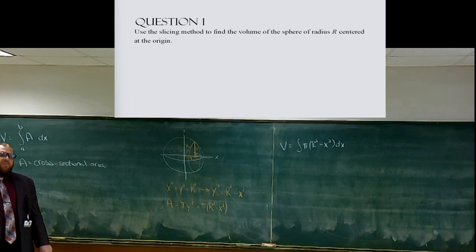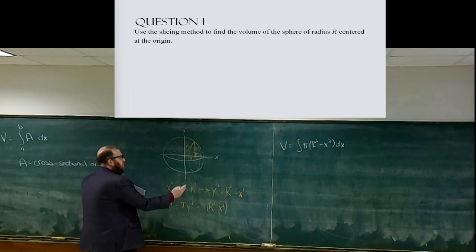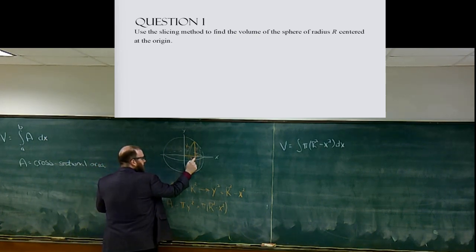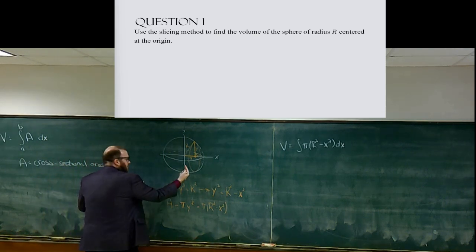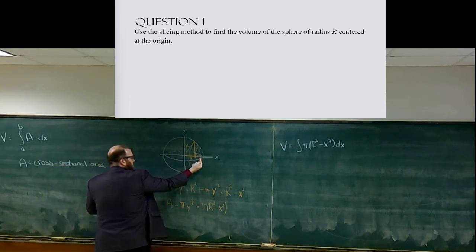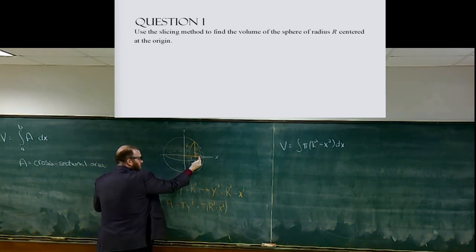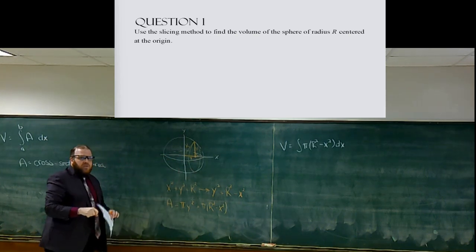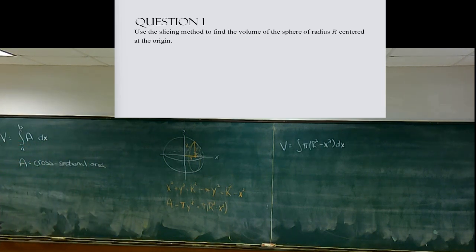We need limits of integration. So what we do is we look at this. Here we go. This center right here, because that's how we're taking the cross-sectional area. It slides along the x-axis inside the sphere. So what are our bounds for x?